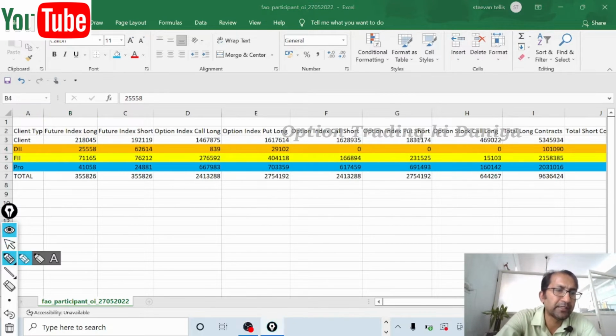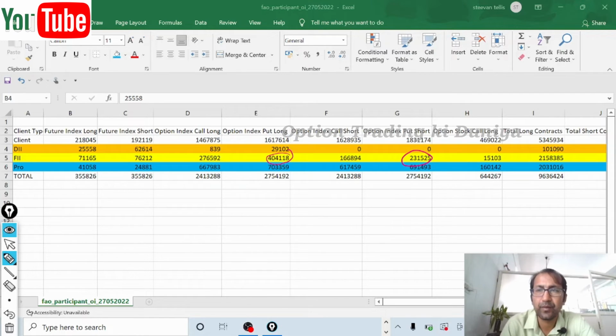FII positions index wise, put long. And on the call side, put short. These are the open interest positions.